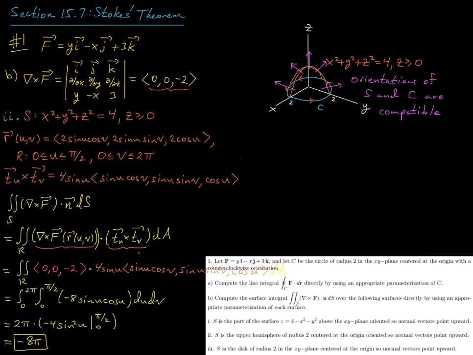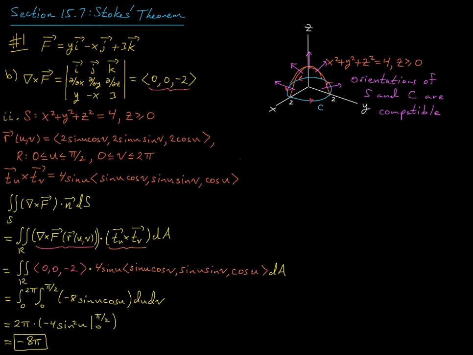Again, our curl vector being constant just gives us 0, 0, -2. I'm going to make a little space there because of that long normal vector in orange. So I dot that with tu cross tv, that's right here.